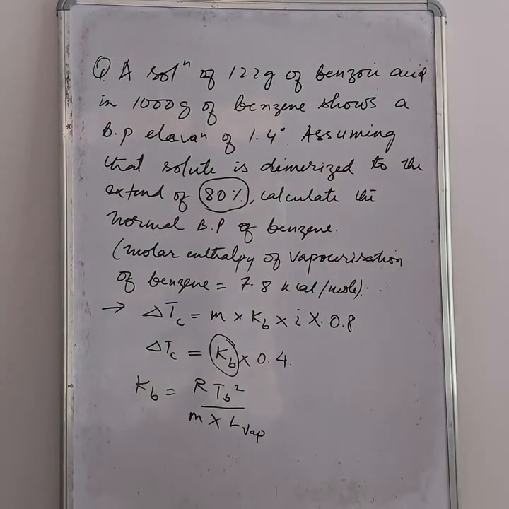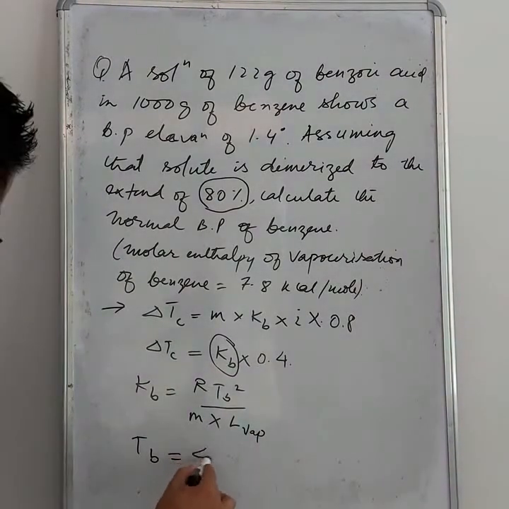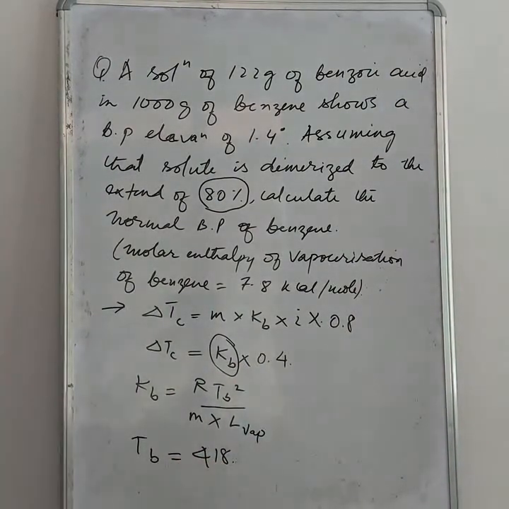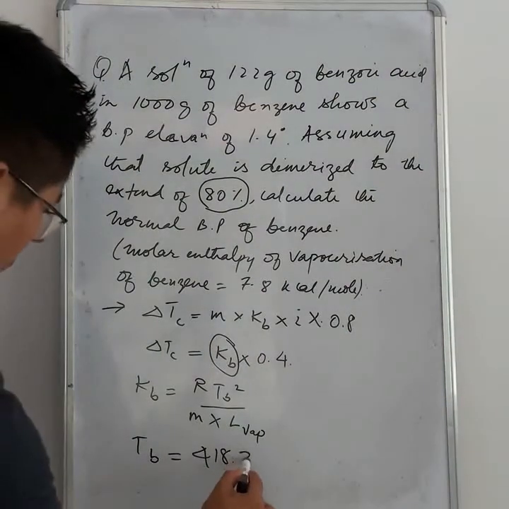So if you plug in those values, you get the change in the normal boiling point, around 418.3 Kelvin.